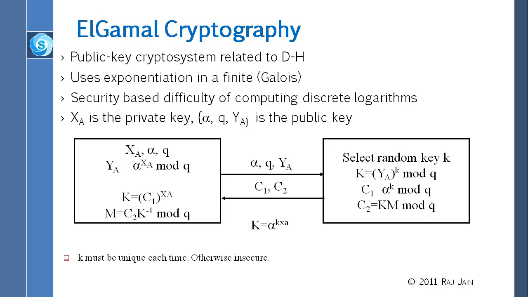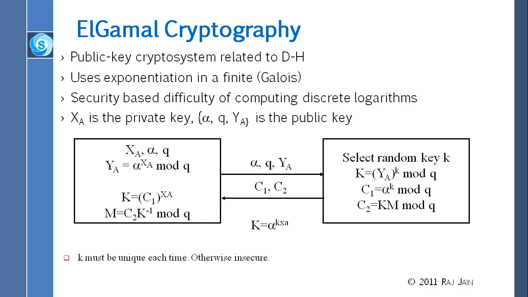So this is very similar to the previous case. There, we selected XB and raised YA to XB, and that was our secret. So capital K is some number. Then you calculate C1 equal to alpha raised to little k mod q, and C2 equal to capital K times M mod q.